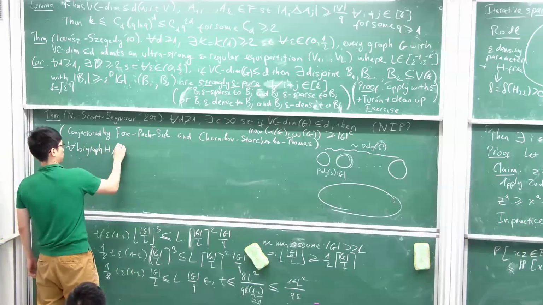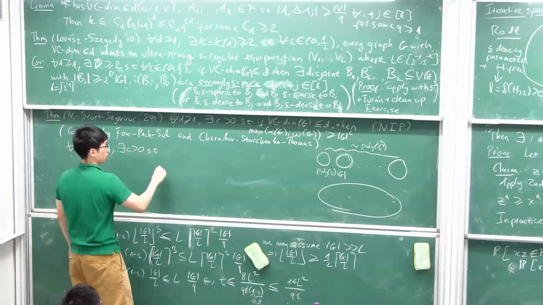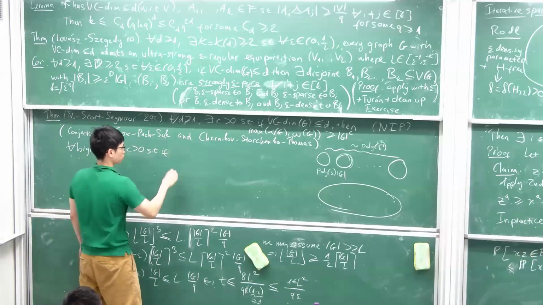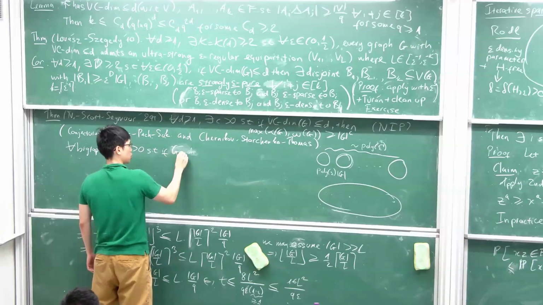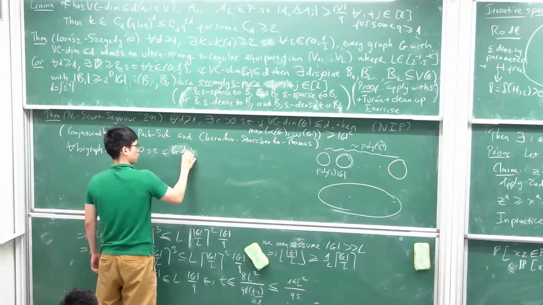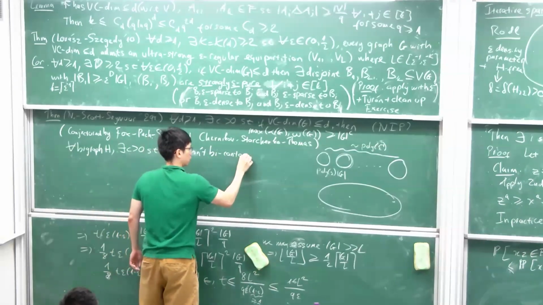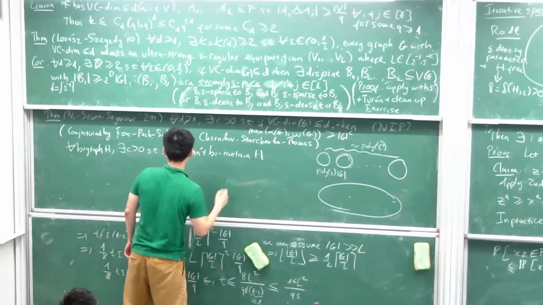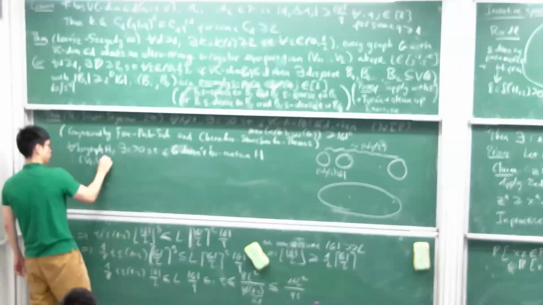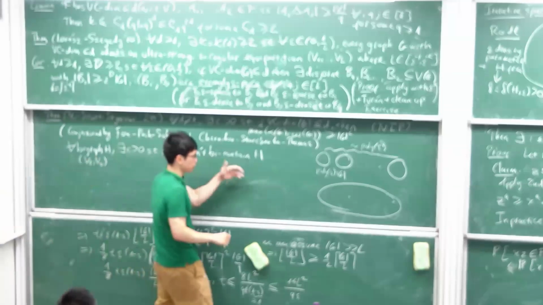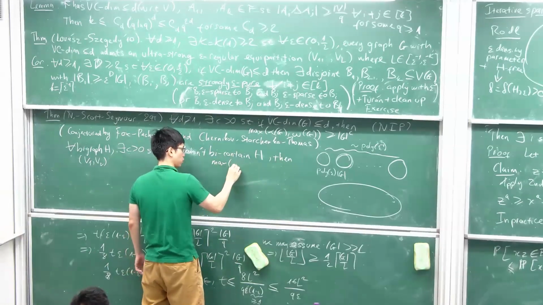So actually, this theorem is equivalent to the following: for every bipartite graph H, there exists small C such that if G doesn't bicontain H, then you have the simple theorem.